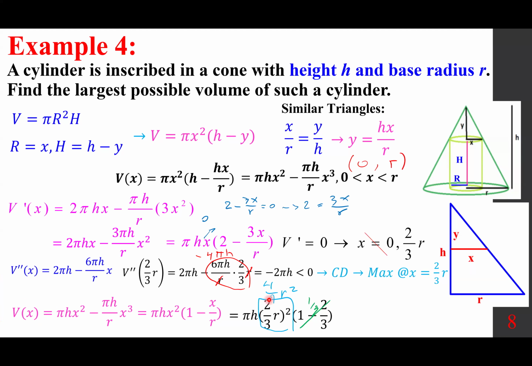So pi h, 4 over 9 r squared times 1/3. You get 4 over 27 pi r squared h. This is the maximum volume. And this is as involved as it gets. So there's a lot of prior knowledge of mathematics involved here.